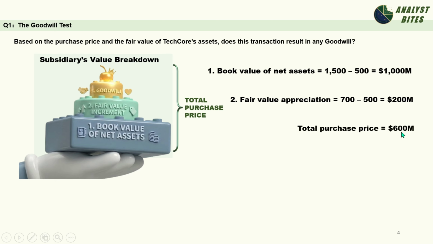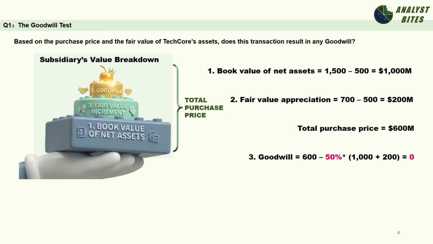And we know the total purchase price is 600 million. Finally, the goodwill calculation, and here is the key. Since Analyst only bought 50% share, we must multiply the sum of the two parts by 50% before comparing it to our purchase price. So the result is exactly 0.